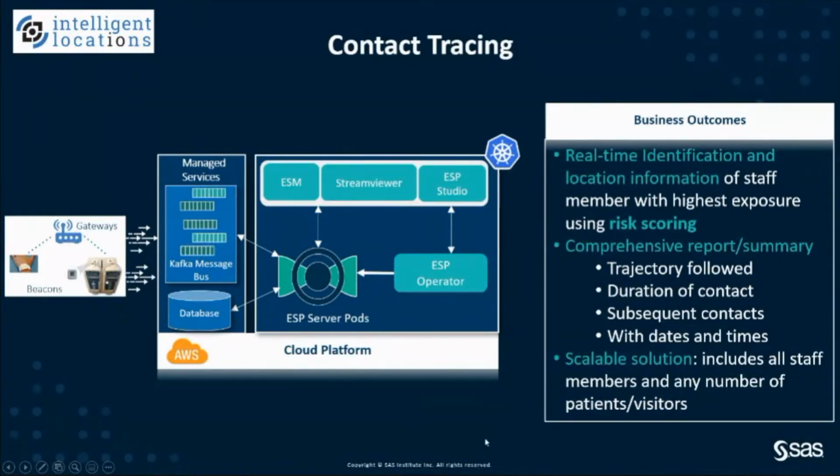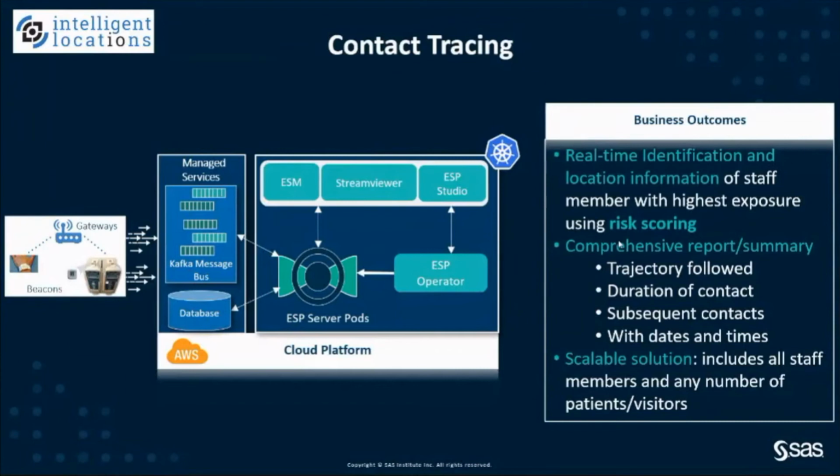So the business outcome was, as I mentioned, that in real time we were able to identify the person at the highest exposure. And we created comprehensive reports and summaries that provide the trajectory followed by this person, the duration with the people he or she was talking to, and the different contacts, and even to trace those contacts as well, because those contacts were also going forward and meeting other people.